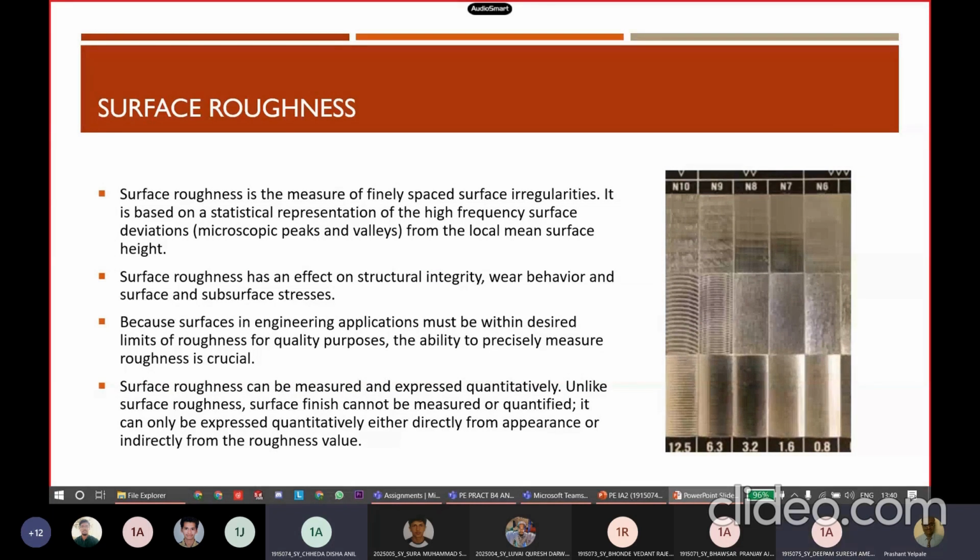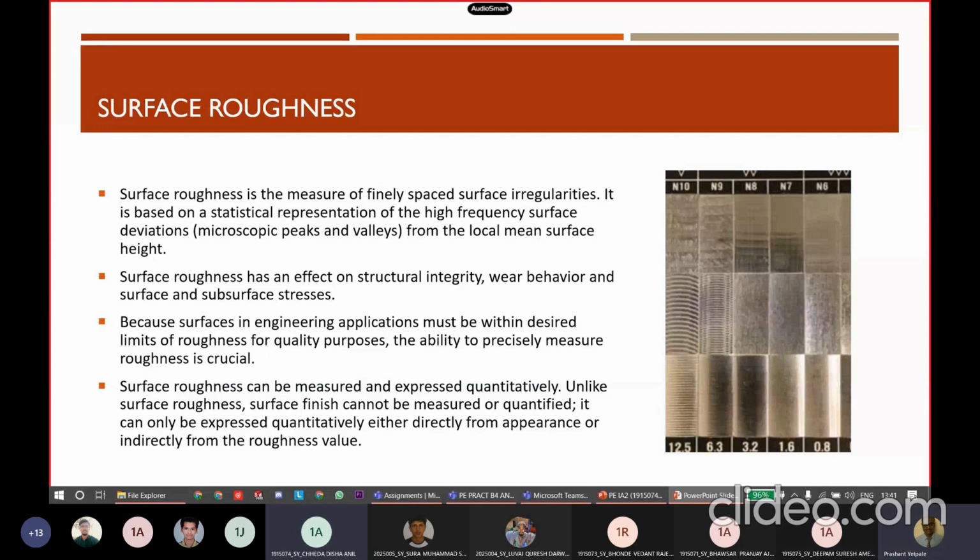On the other hand, surface finish is a qualitative approach to designate the surface either by observing the surface or from the roughness value. And the attributes used for surface finish are very subjective and depend on the application or the intended result.